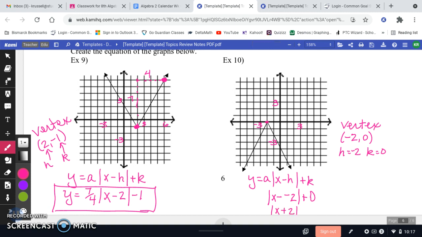And then plus 0, I don't have to put that on there if I don't want to. Now this one opens down, so I know my a is going to be negative. Start at my vertex, I'm going down 2 over 1, so down 2 over 1, or just -2. So there's my equation for these two graphs.